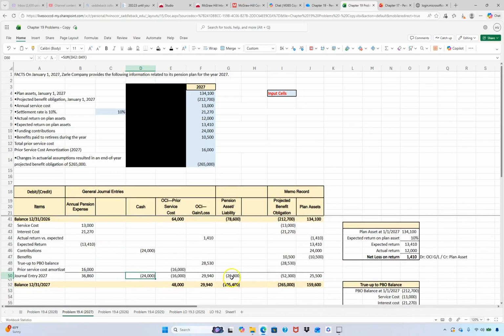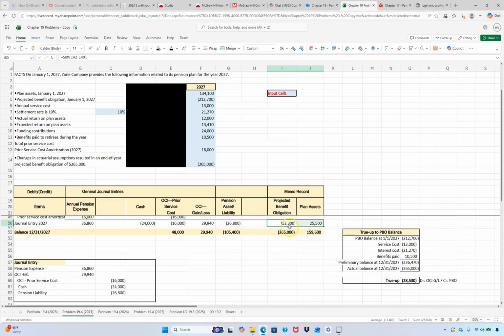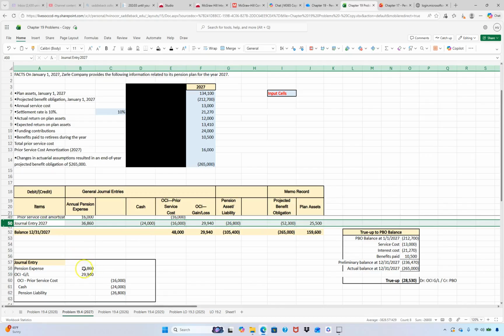Again, please look at the pension asset liability, which is really the sum of the projected benefit obligation plus the plan asset. So when I take those two accounts, it's a credit of 26,800. And so here I have the journal entry laid out by account. You can see row 50 here is my journal entry, and that's what it's going to be.